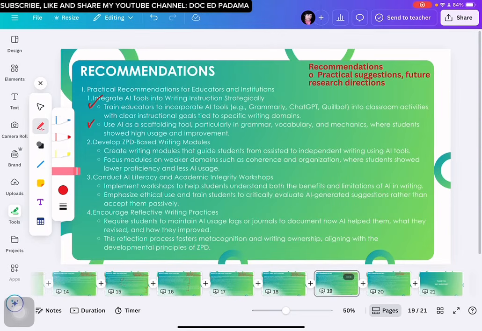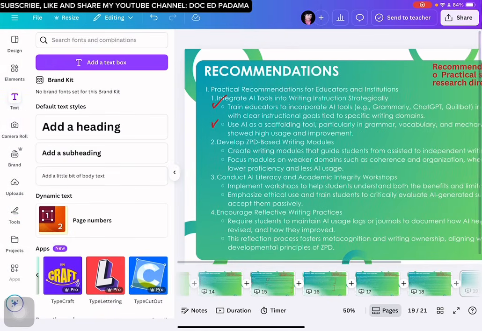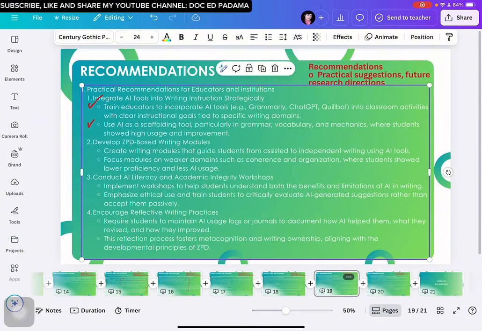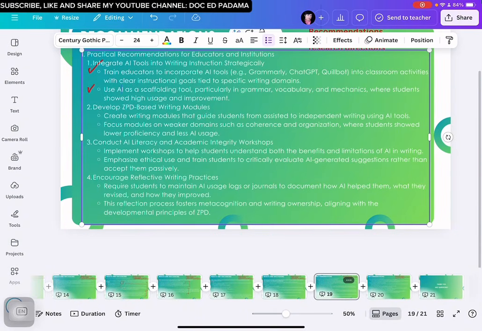So how do we repair, or how do we modify this particular part of our slide presentation? So we just include specific individuals that would take point in the implementation.